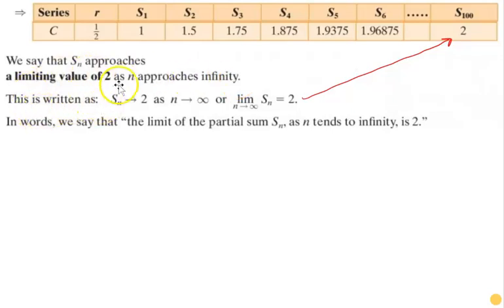This is written as Sn approaches 2 as n approaches infinity, or you could say the limit of Sn as n approaches infinity is equal to 2. So the bigger n gets, the closer Sn gets to 2 in this particular series. In words, we say that the limit of the partial sum Sn as n tends to infinity is 2.